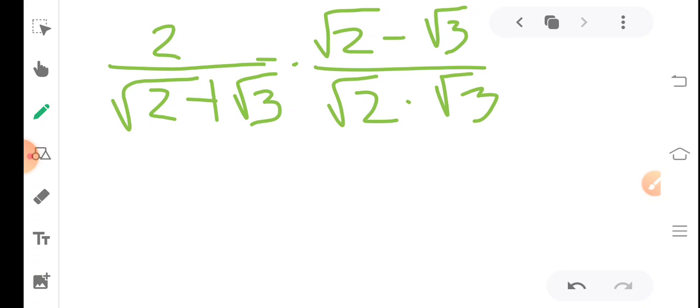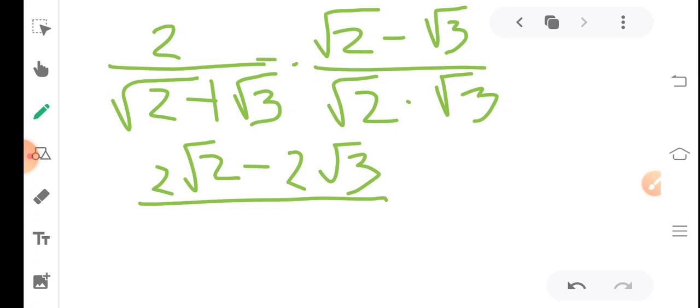So 2 times the square root of 2 is 2 square root of 2, minus, 2 times the square root of 3 is minus 2 square root of 3, over, the square root of 2 times the square root of 2 is 2, or rather 2 times 2 is 4, so the square root of 4 is 2.